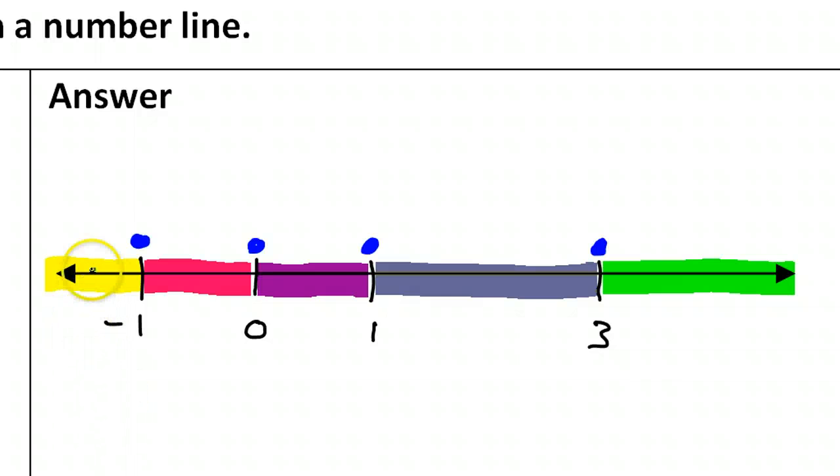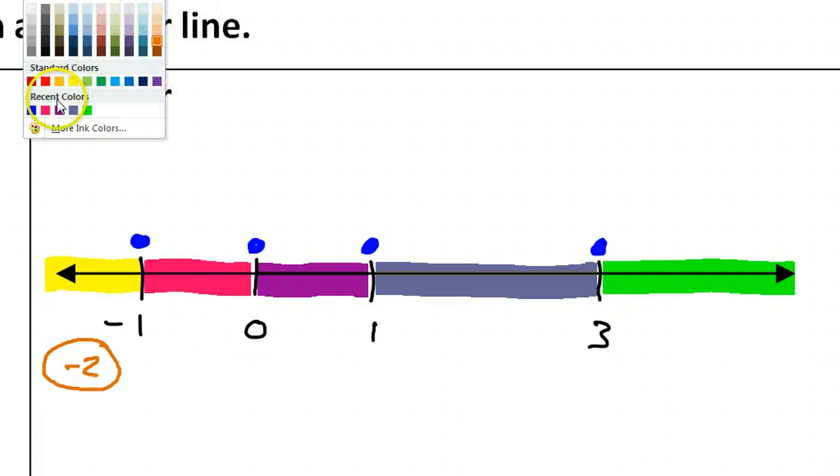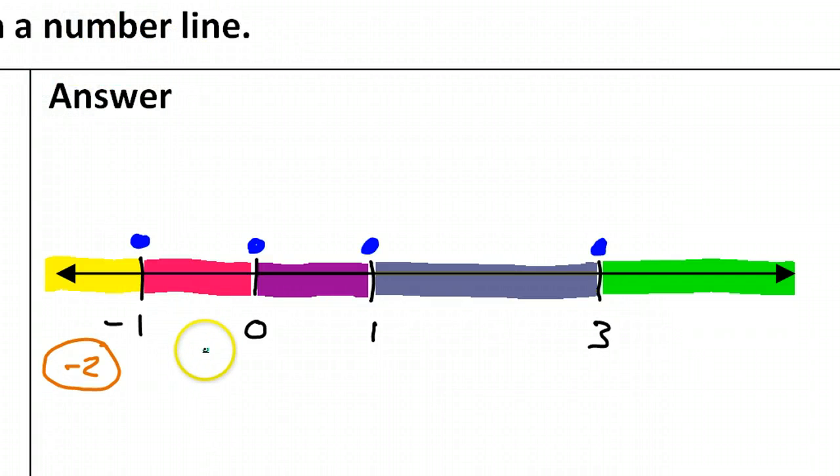What test value do you want to use for the yellow zone? How about -2 for the yellow zone. What about the pink zone here? We'll have to do a decimal between 0 and -1. So how about -0.5?